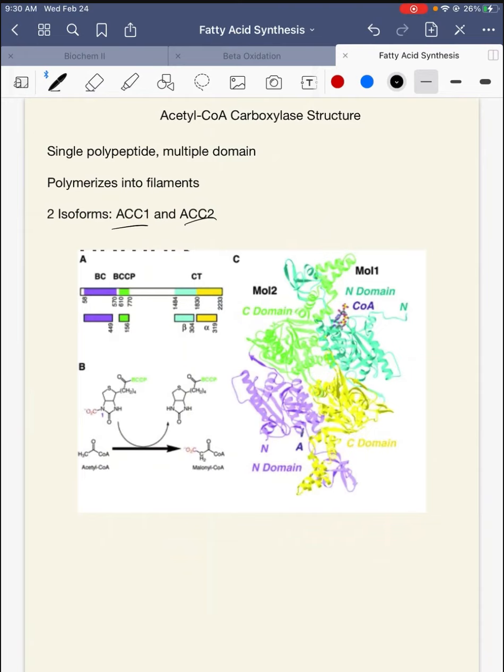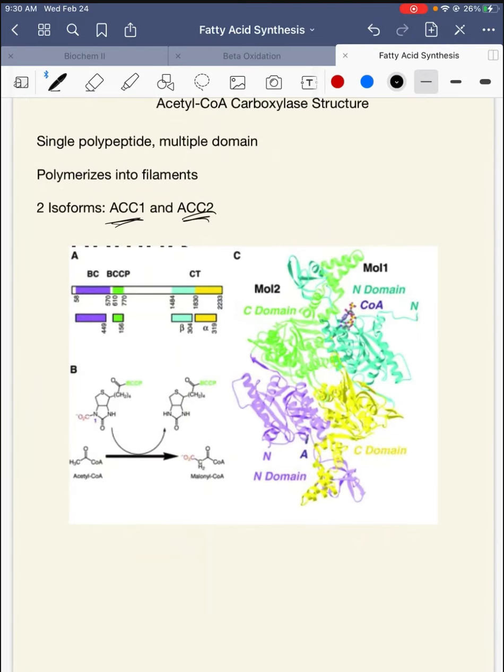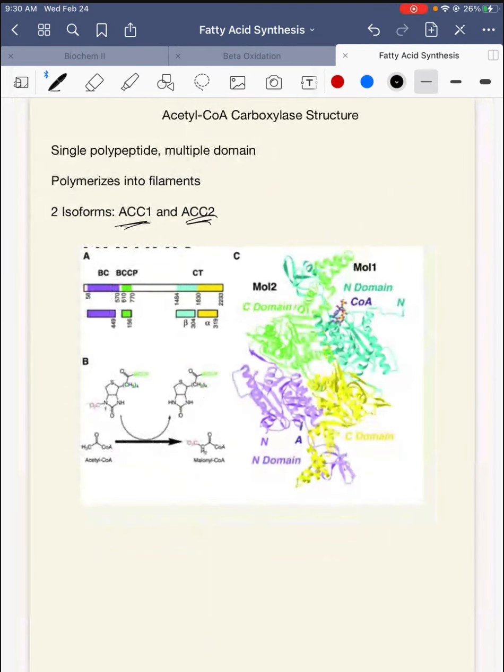When you splice or attach different exons together, you get different isoforms. They're usually transcribed from the same gene, and different splicing results in different isoforms. And then it polymerizes into filaments, and like I said, it's a single polypeptide with multiple domains.